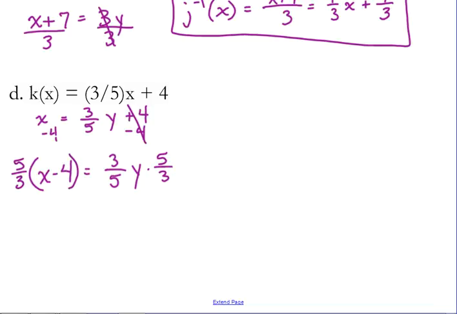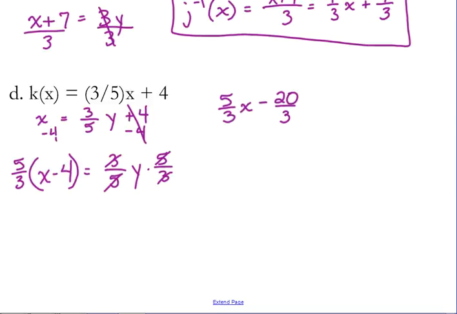I want y'all to be in the habit of when a fraction's involved, to move it to the other side, you multiply by the reciprocal. Okay? Yes, you can look at it as division by 3 over 5, but it's a lot easier to deal with if we look at it as multiplication by 5/3. Let's distribute that 5/3.